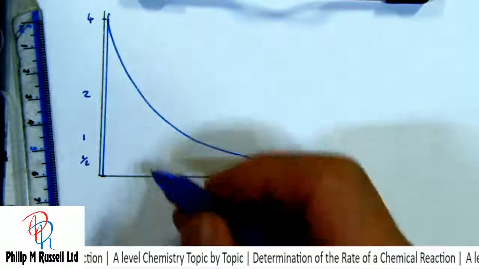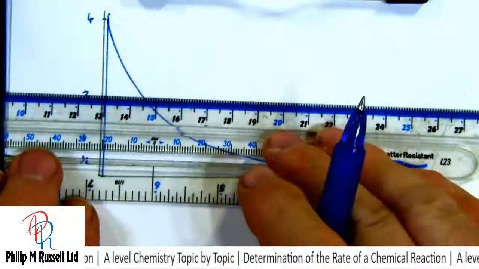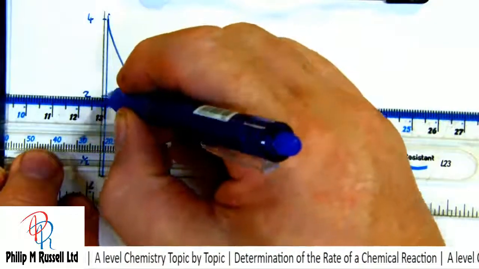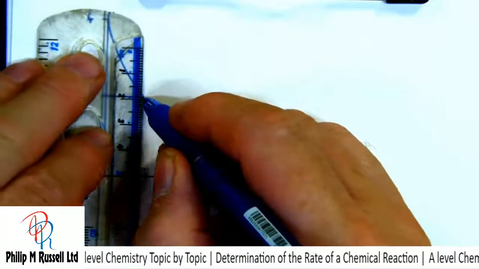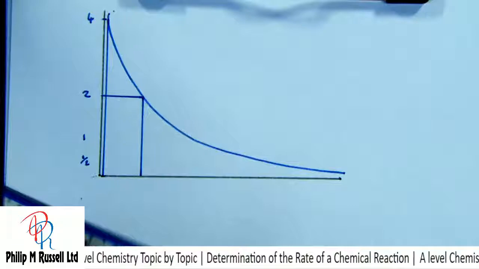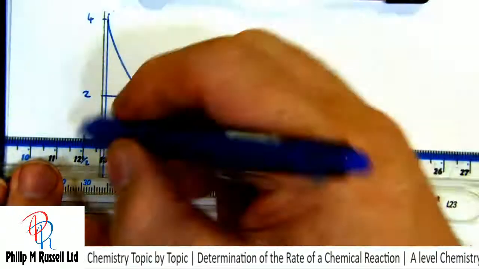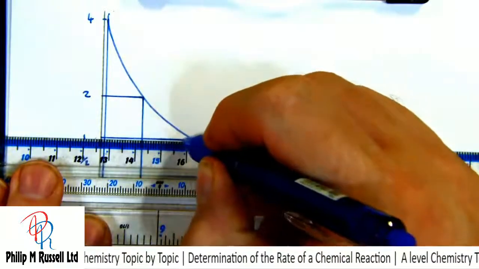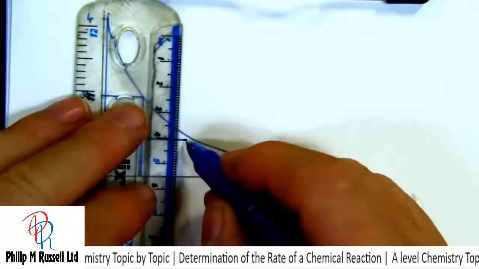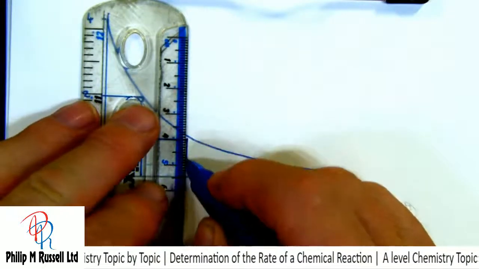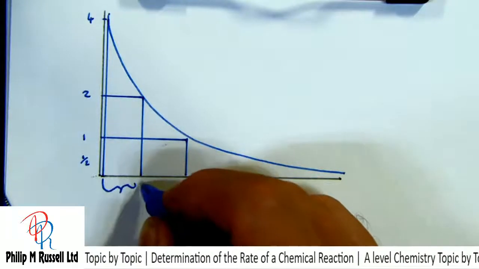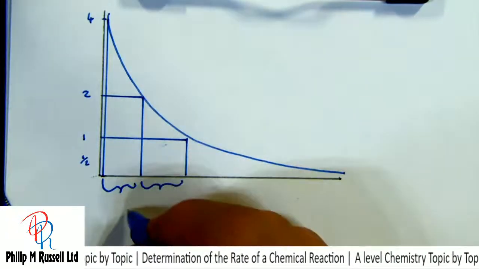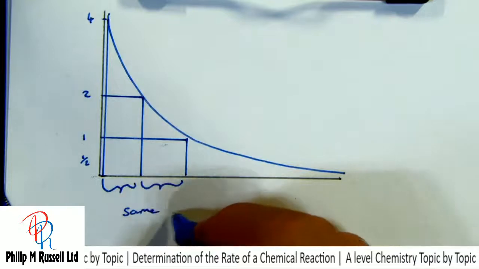will be there, go across to my 2. Please bear in mind my half-life curve was just guessed, but if we then go across to the 1, we can see that this should be, if I've done it properly, the same distance.